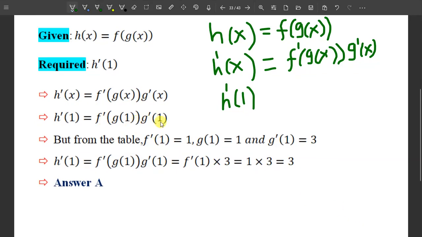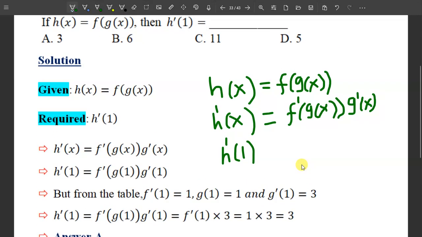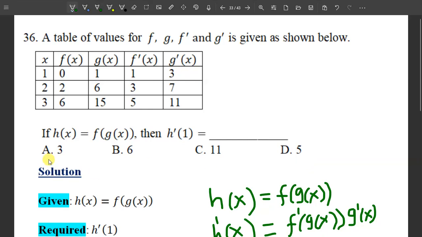Here, h prime of 1 is equal to f prime of g of 1 multiplied by g prime of 1, which is equal to f prime of 1, since g of 1 is equal to 1, multiplied by g prime of 1, which is 1 times 3. And f prime of 1 is given from the table as 1. 1 times 3 is 3. Therefore, the correct answer in this case is choice A.